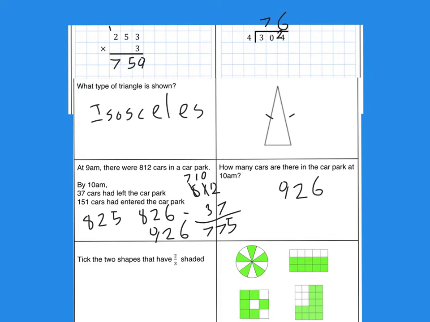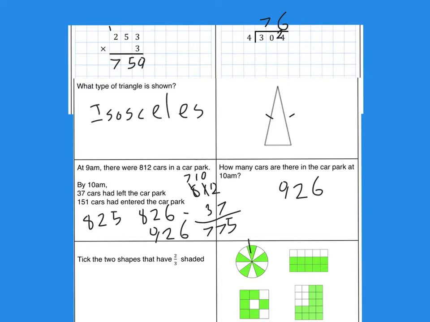Okay, tick the two shapes that have 2/3 shaded. You need to be really careful that you count how many parts are in each specific shape. The first shape has 10 parts and 5 are shaded in, so that's a half, so that is not 2/3.